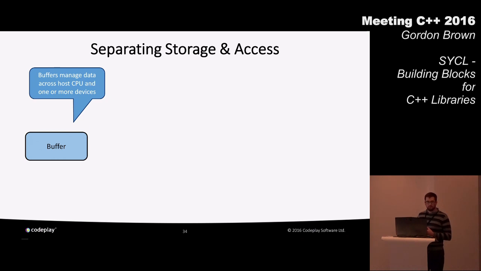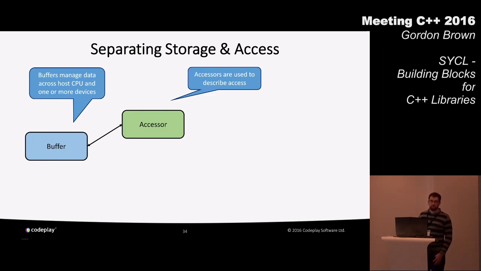A buffer will likely have quite a long lifetime in your application, and it can be used across multiple devices throughout its lifetime. The accessor can be constructed from a buffer, and it's a much more lightweight object. It essentially describes an instance of access on a particular context. So it describes where and how you want to access the memory that's managed by the buffer.